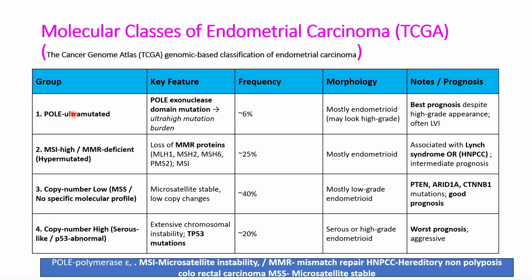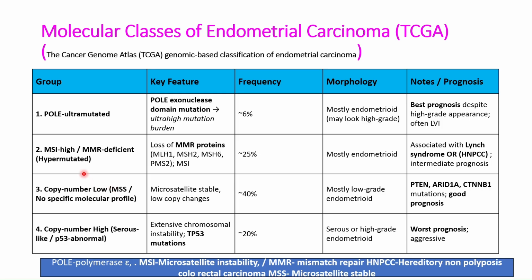One is the polymerase epsilon ultra-mutated group, in which there is ultra-high mutation burden, and 6% of cases have this mutation, mostly high grade endometrioid carcinoma. It has the best prognosis despite high grade appearance and often lymphovascular invasion.